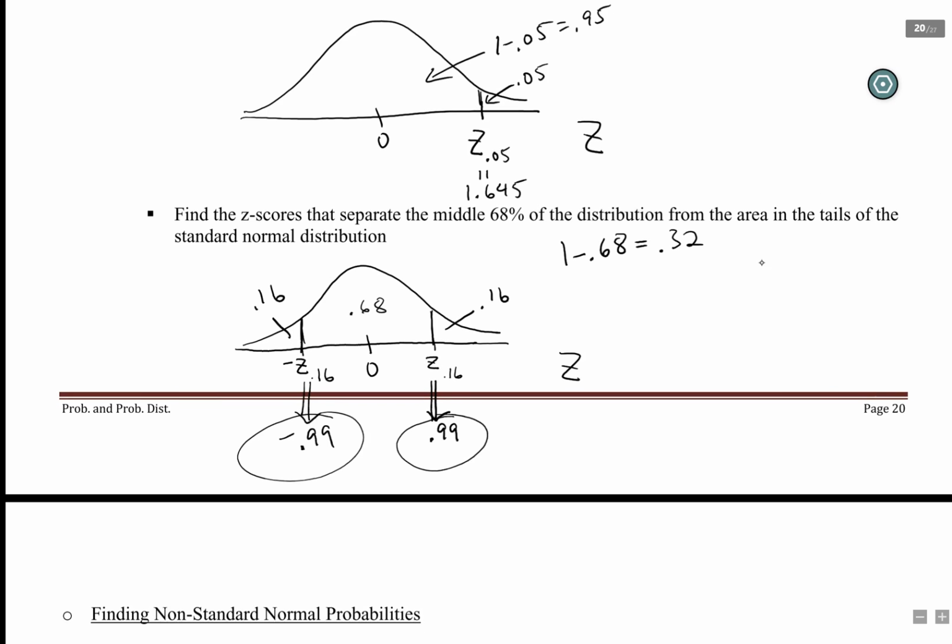And if you look at this and think about what it is saying, it's saying that roughly between negative 1 and 1, 68% of the area is contained for the standard normal curve.